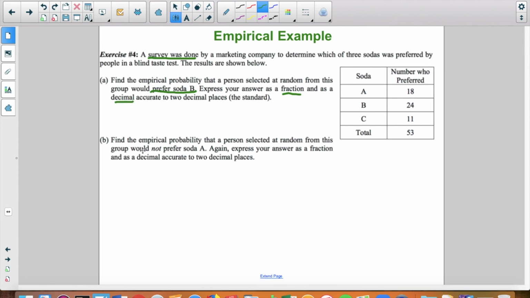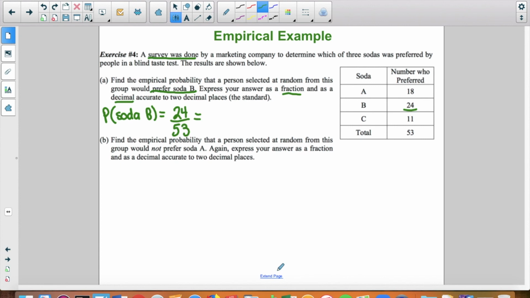Okay, so we're looking for the probability that they would prefer soda B. Okay, now here's soda B. 24 people who took this survey preferred soda B. So 24 people out of the total 53 preferred soda B. Now it wants it as a decimal to 2 decimal places.